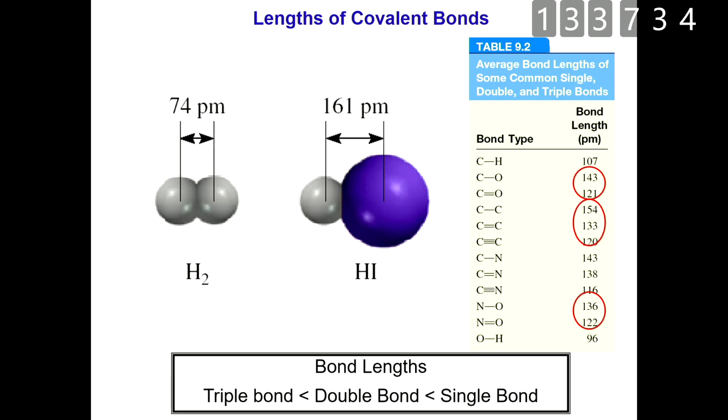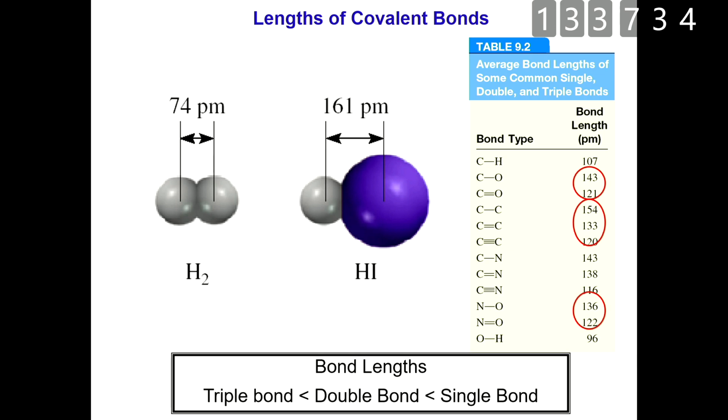So this slide shows the bond lengths and also the bond types of some compounds. For example, carbon and oxygen can be a single bond, or maybe a double bond. But when it is a double bond, it's shorter than the C-O single bond.